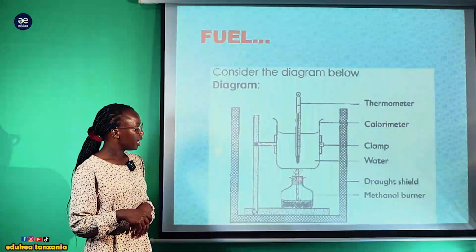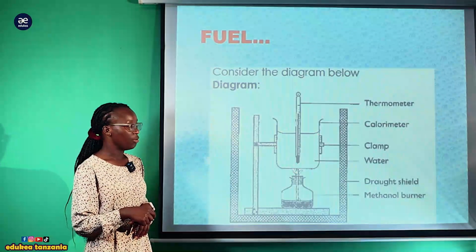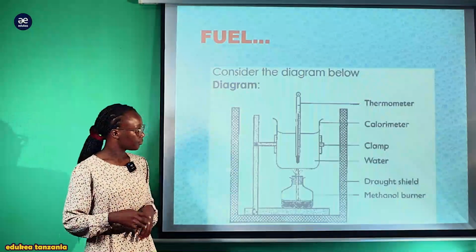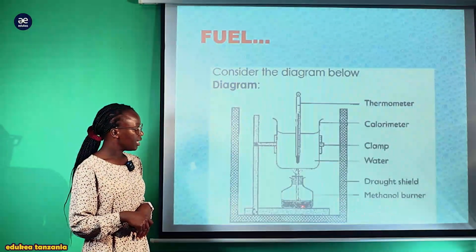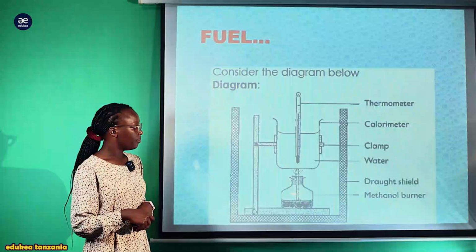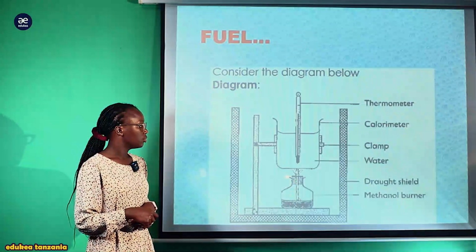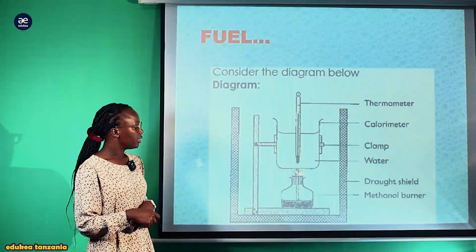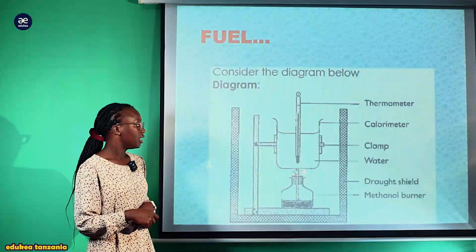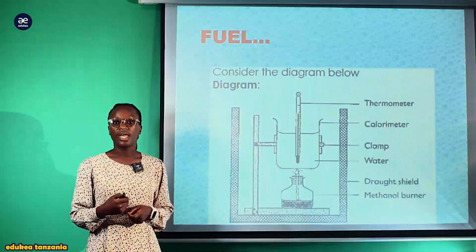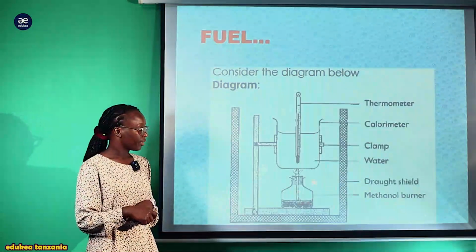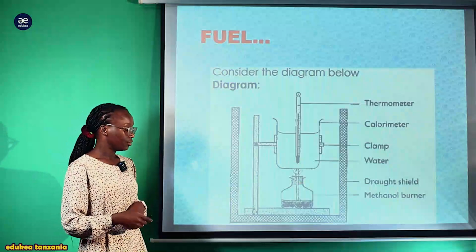The calorimeter is here for the purpose of maintaining the heat. So you can see the burner of methanol produces heat here, and this water will absorb the energy or heat from the methanol.